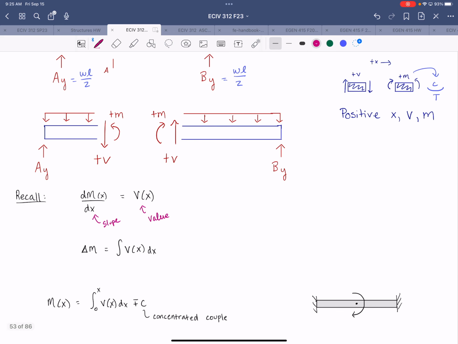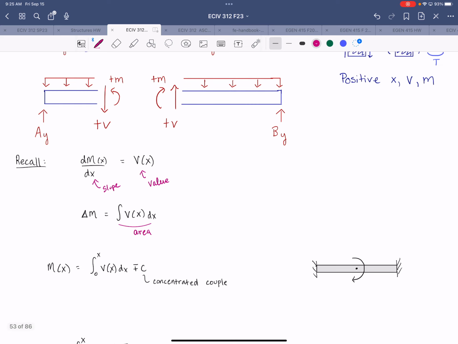And the change in moment between any 2 points on that moment diagram is going to be equal to the area under the shear diagram between those same 2 points. And below that, we have the general expression for M of x, right, related to the integral of shear. And we have to add to that any potential concentrated couples or concentrated moments, right, that might be occurring.